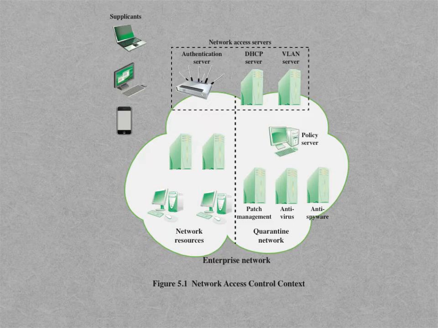Then we talk about the concept of the authentication server. This authentication server is the first entry point to this physical network, whether it's a switch or a Wi-Fi access point.